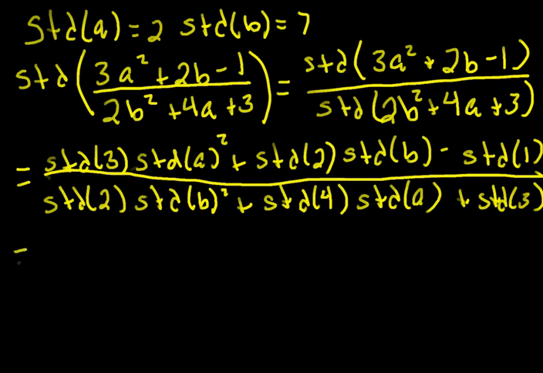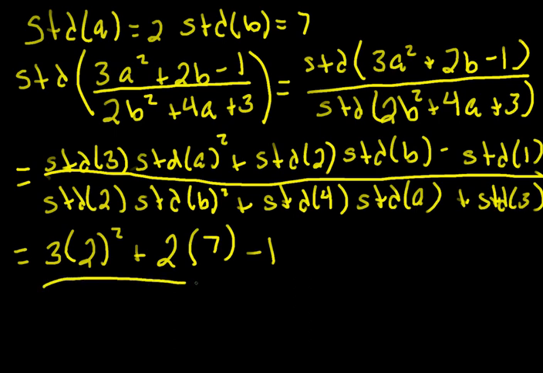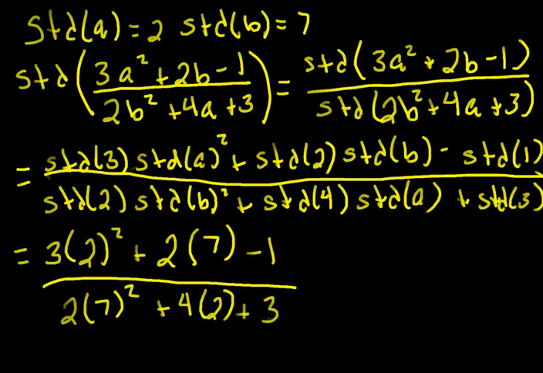So this is going to be 3 times the standard part of a, which is 2, quantity squared, plus 2 times the standard part of b, which is 7, minus 1, all divided by 2 times 7 quantity squared, plus 4 times 2 plus 3. Now we're all in the reals. We can calculate what this is, and it's going to be 25 over 109.